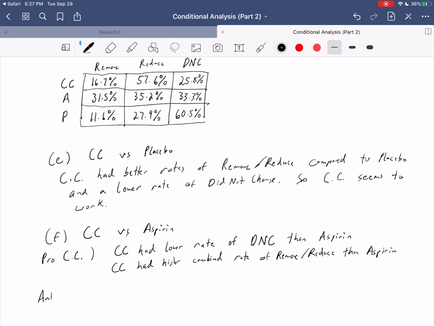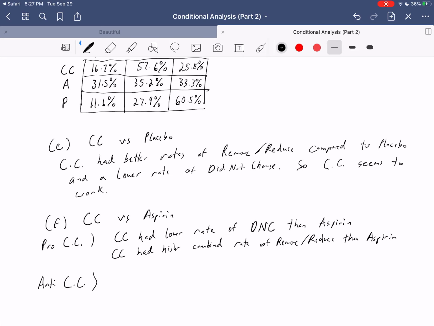If we were anti Cheapo Comfort for whatever reason, maybe we were critical or maybe we work for a different company, well, our main thing would be that CC had a lower rate of remove than aspirin, which is the best possible outcome.